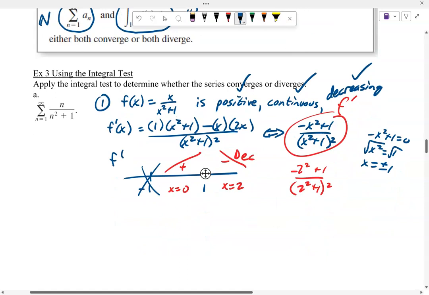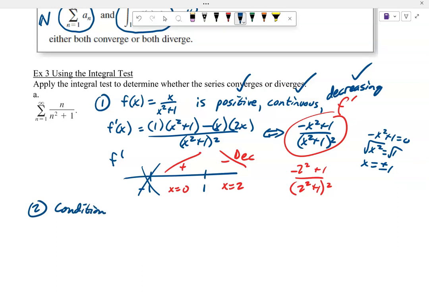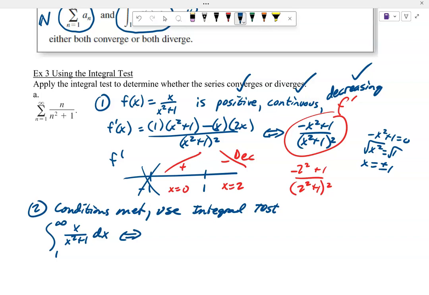We'll apply the integral test now. Conditions met, we'll use the integral test. So we'll go from 1 to infinity of x over x squared plus 1 dx. And so this is an improper integral.